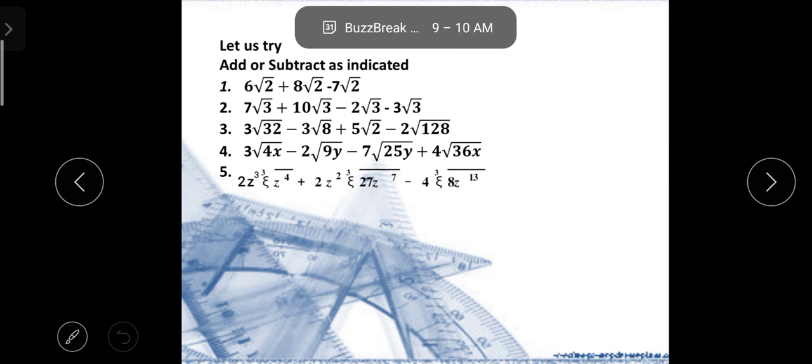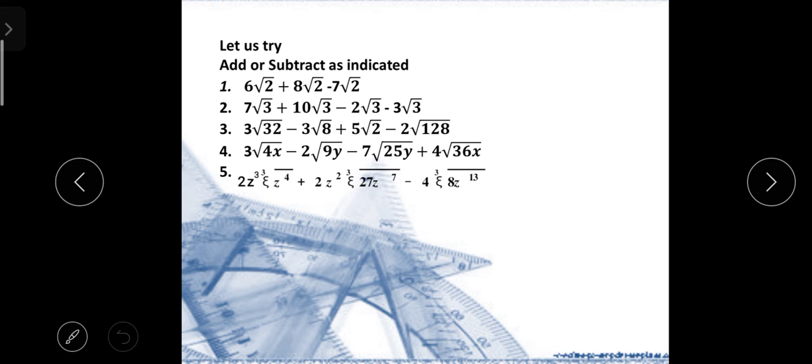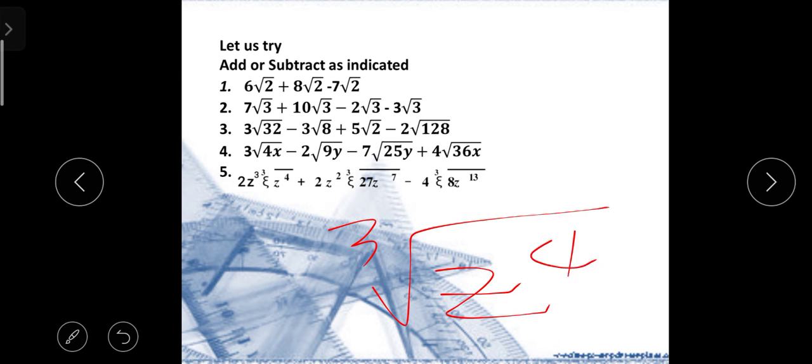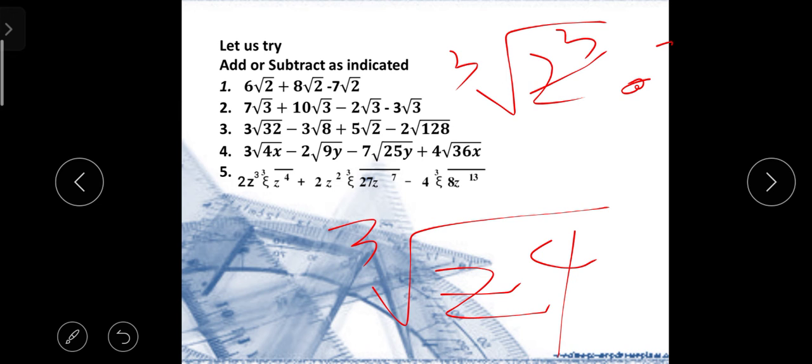Kasi 'di ba yung first term natin is cube root of z raised to the 4th power. And then, finactor natin siya. Nagkaroon tayo ng cube root of z cube times cube root of z. So, ito po ay para siyang, dahil wala siyang kasamang variable, kumbaga para siyang 1 times 1 times 1.